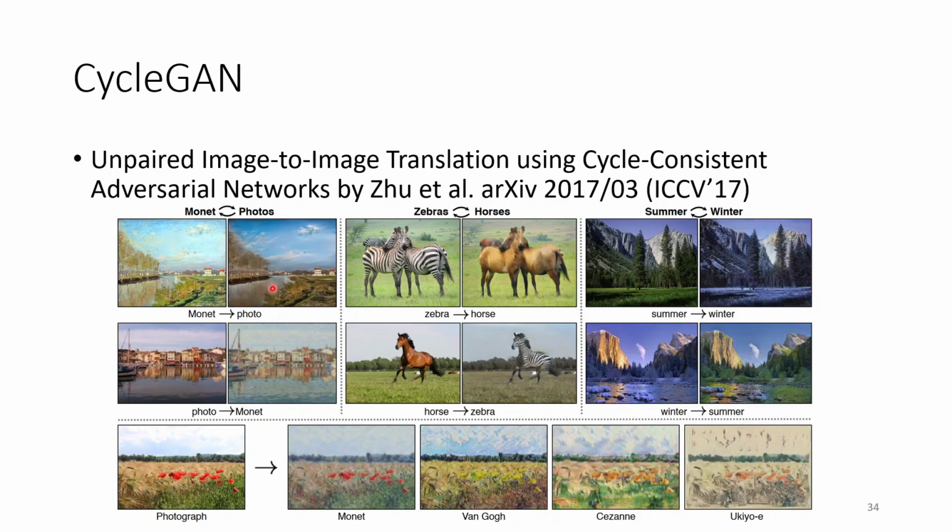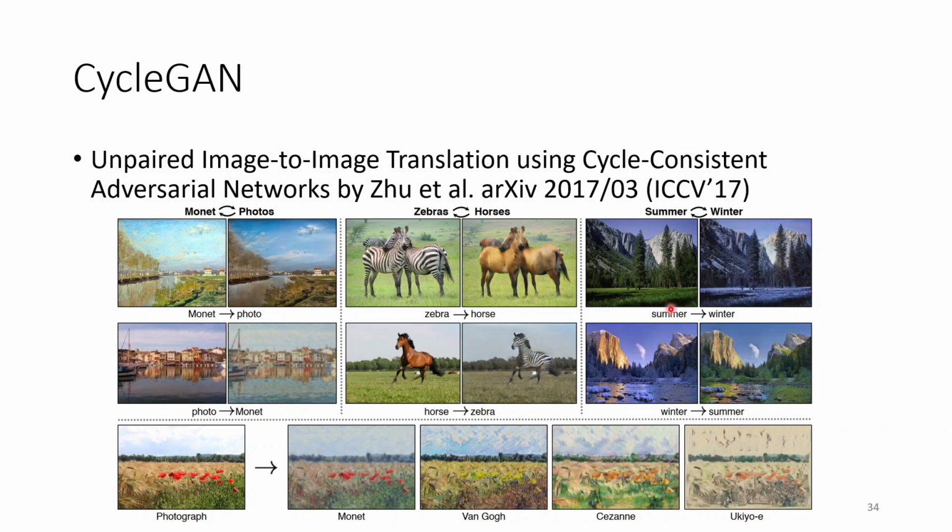Okay. And there are two images, one is a zebra and another is a horse. Their method can transfer the horse image into a zebra image and transfer it back. So this one is horse to zebra, and this is zebra to horse.